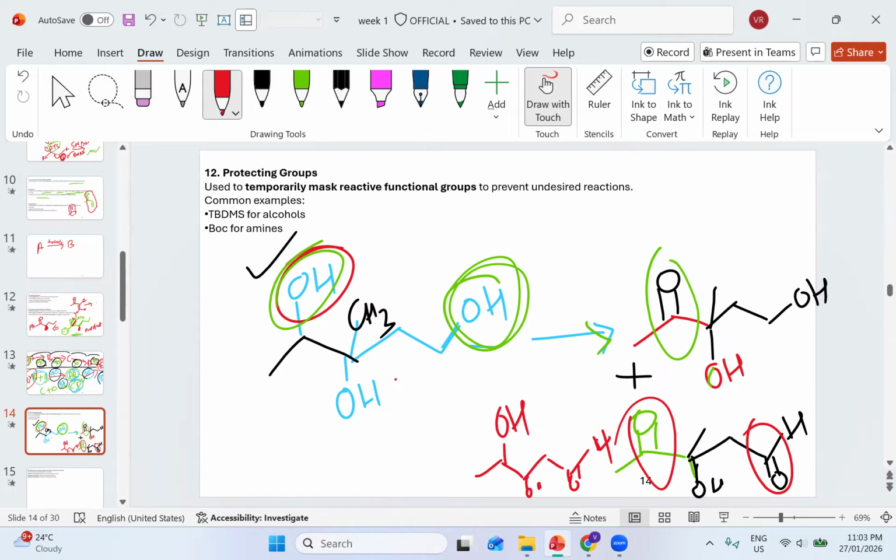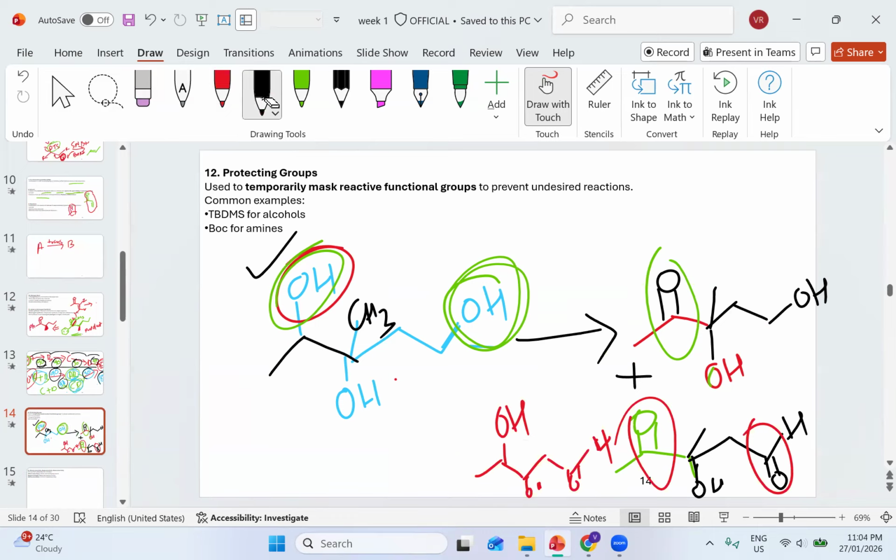So we get a mixture of products in this reaction if you directly do the oxidation reaction on this one, right? So what do we need to do? For selective oxidation, we can do it this way.